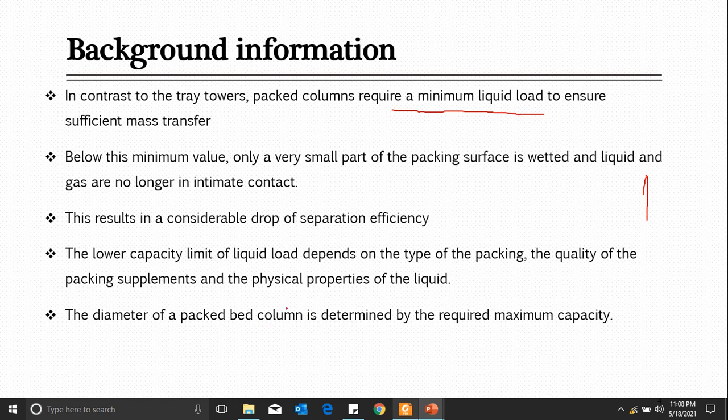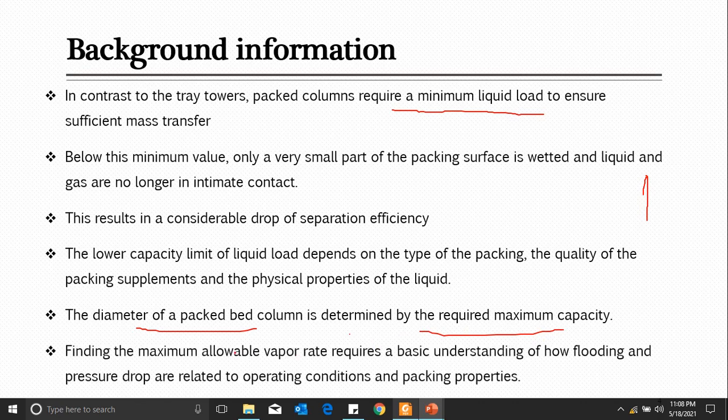Here, for the diameter of the packed column, when we have decided that a minimum required liquid should be available there, it should make the surface of the packing wet. So you have to design the column in such a way that its diameter can handle that amount of liquid. The diameter of these packed towers is determined by the required maximum capacity handled inside any column to meet the specific separation requirements.